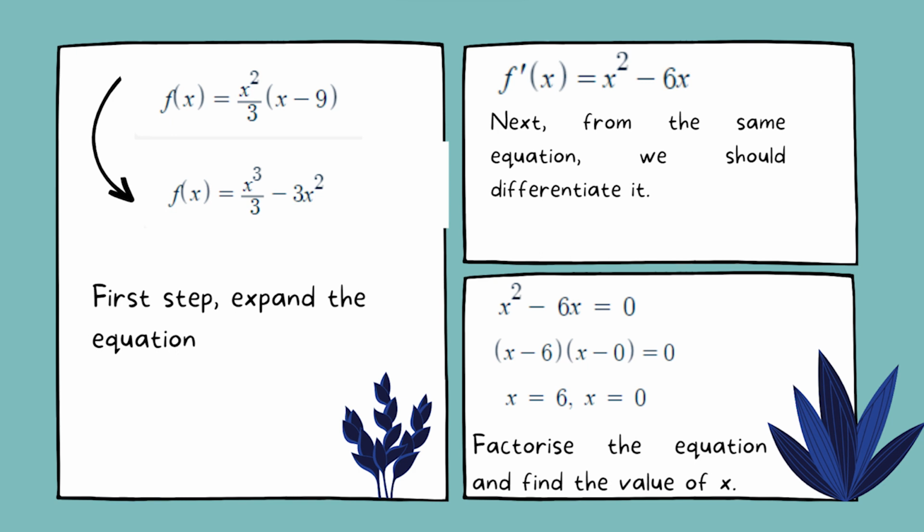After we expand, we should differentiate the equation and we'll get x squared minus 6x. After we differentiate, we have to factorize the equation to get the values of x. In this case, x equals 6 and x equals 0.